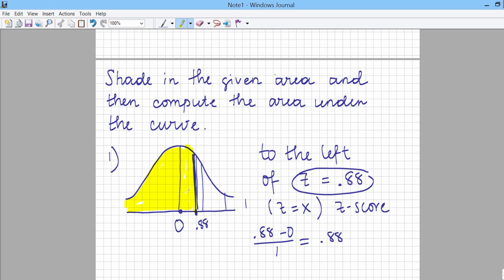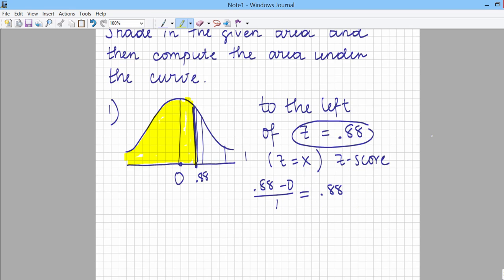Okay, let's go ahead and make a prediction of how much we should get. Remember, before we compute anything, let's apply the empirical rule. What is this piece right here, just this piece to the right of 0? That should be 50%. So approximately how much should I get? 50% plus, what about this one right here?